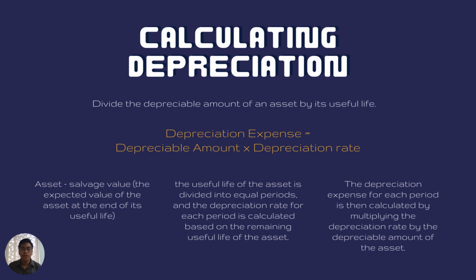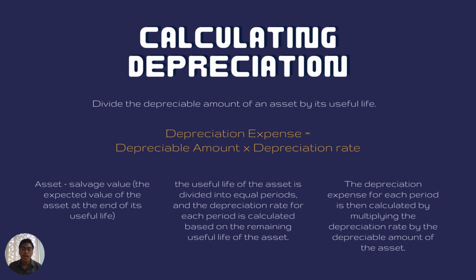Next is how to calculate this method of depreciation. To calculate depreciation using the diminishing method, the first step is to determine the depreciable amount of the asset. So the depreciable amount is the cost of an asset minus its salvage value, which is the expected value of the asset at the end of its useful life.